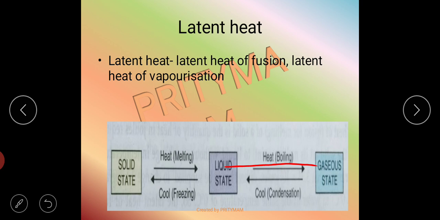These changes can be easily reversed. For example, when gas is cooled, it forms liquid. And again, when liquid is cooled, it forms solid. So this is all the process.